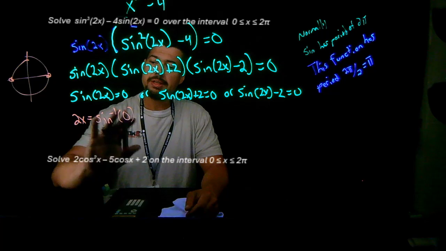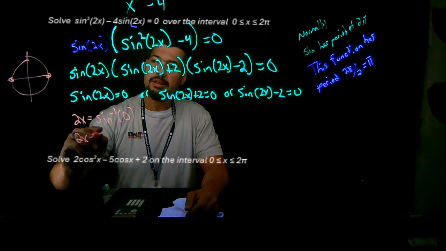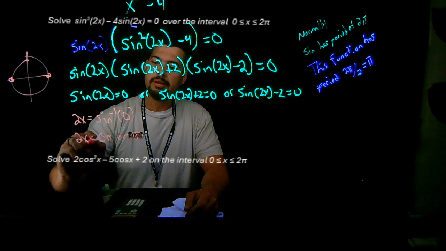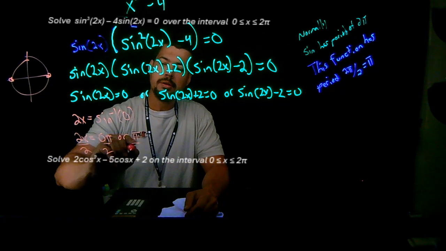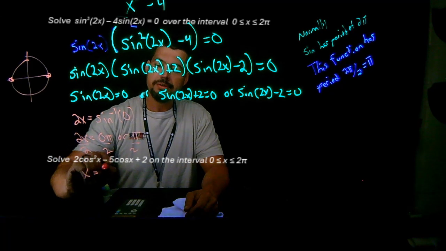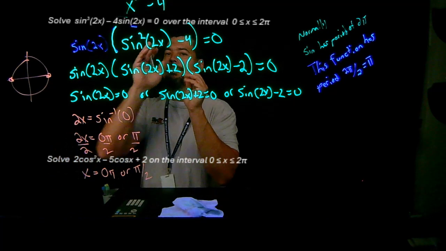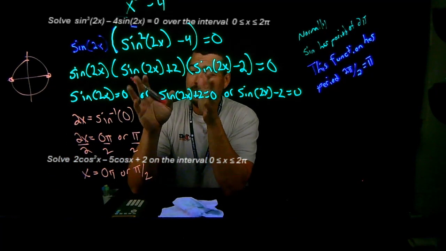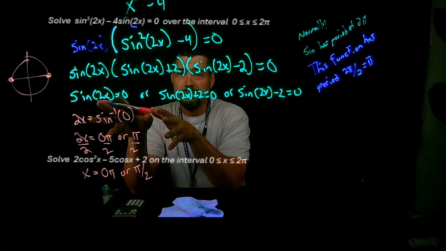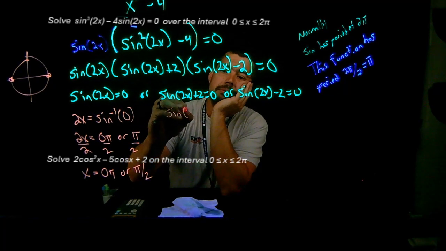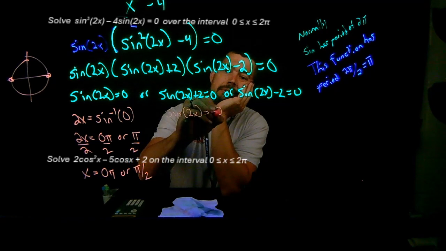So the answers here are that 2x equals 0 or pi. Now you divide out the 2 and you get x equals 0 or pi over 2. But wait, there's a whole lot more, and I'm going to come back to that in a minute, okay? The next one, you move your 2 over, and you get this.